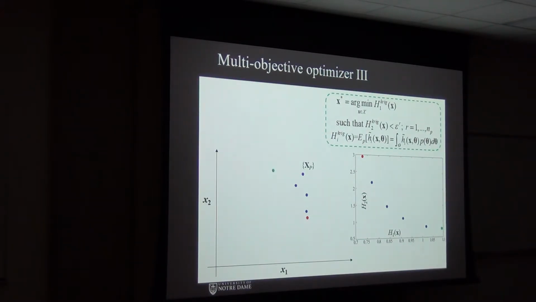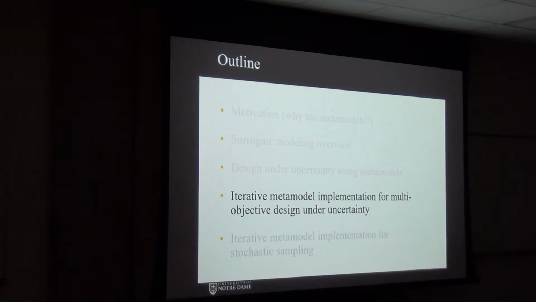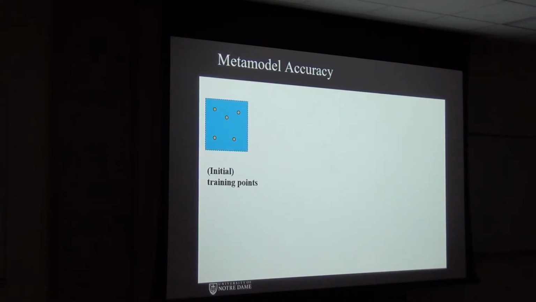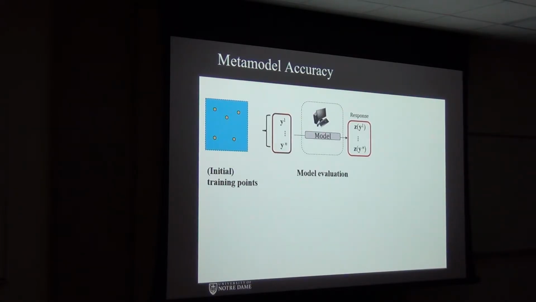Now let's dig a little bit deeper and talk about the iterative application. The naive approach would be, let's create a meta model to start with, and perform the optimization. So you get your training points, you evaluate your model, you develop your meta model, and then you get your Pareto front that relies on your meta model.